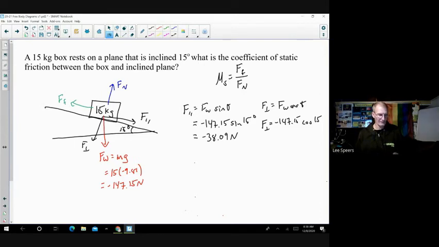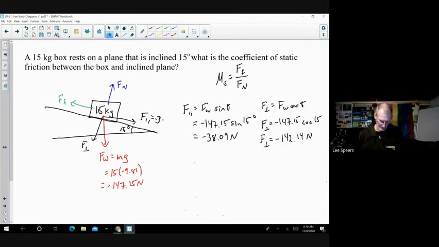There we go. 142.14. So my perpendicular force is negative 142.14 newtons. All right, so I'll add those onto my free body diagram.